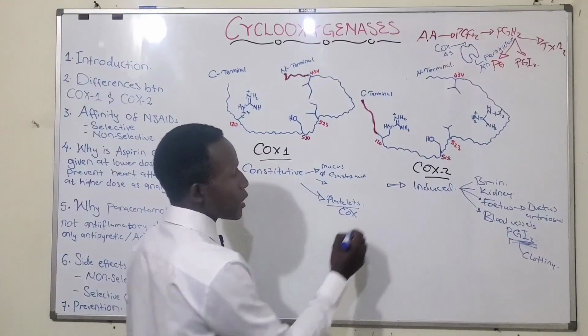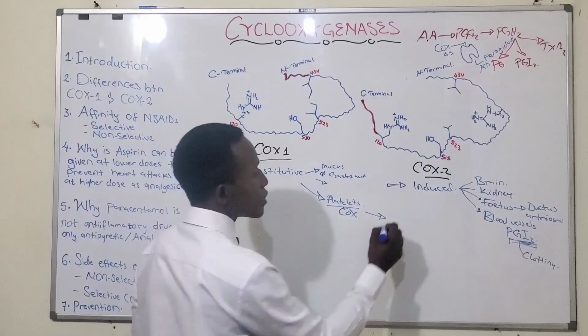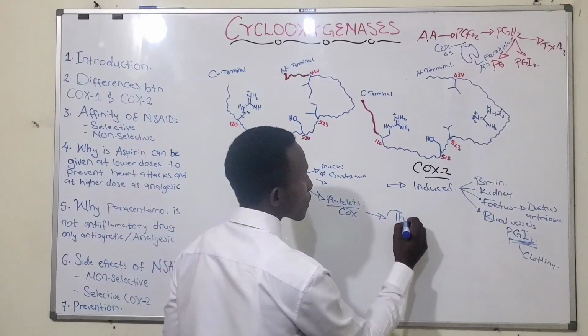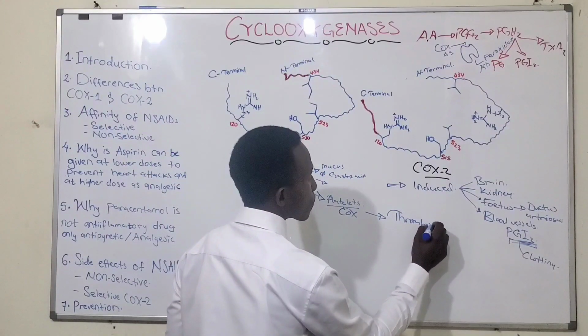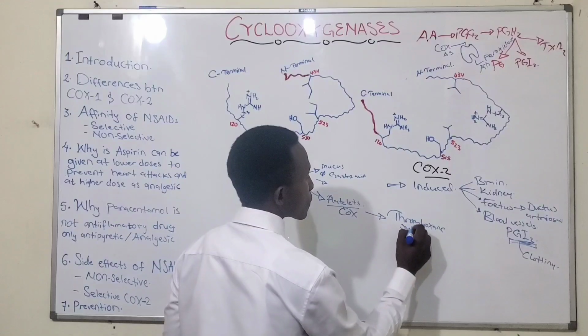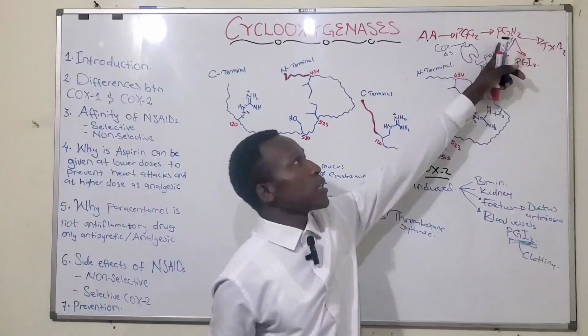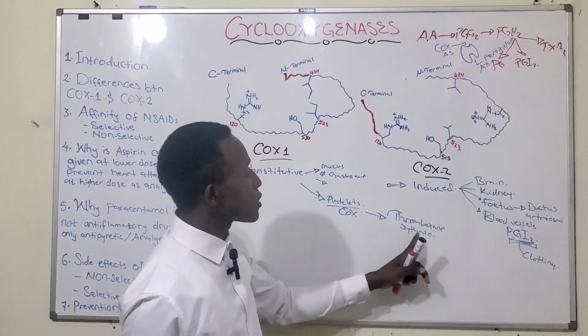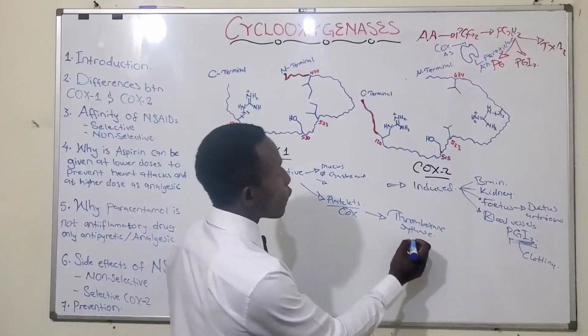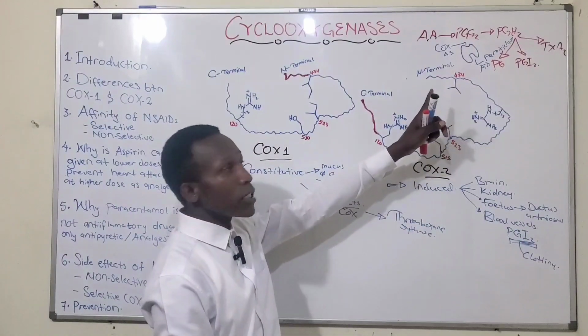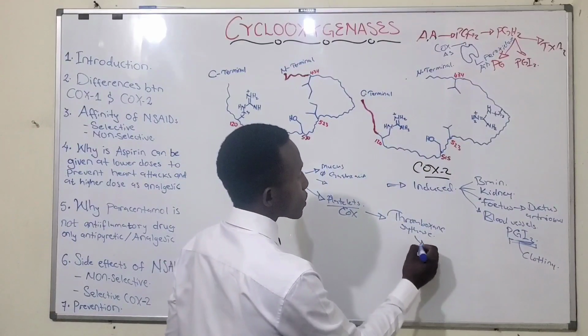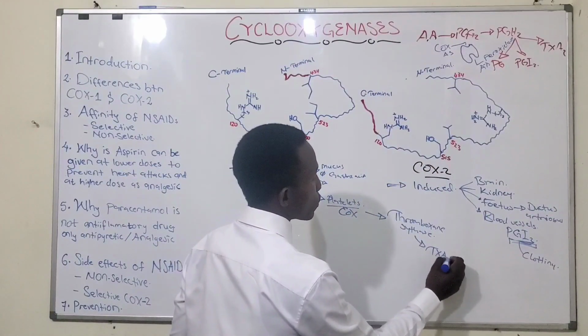Another enzyme which is present is the thromboxane synthase. So after the formation of the prostaglandin H2, thromboxane synthase will convert the prostaglandin H2 to thromboxane A2.